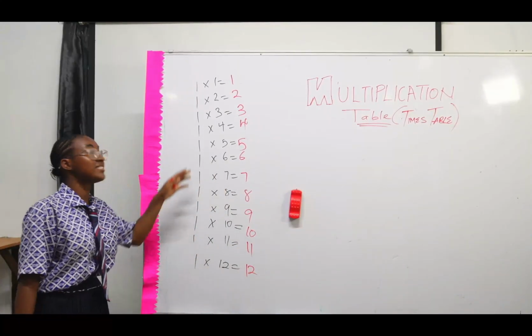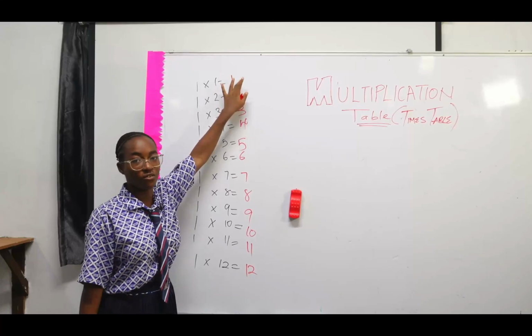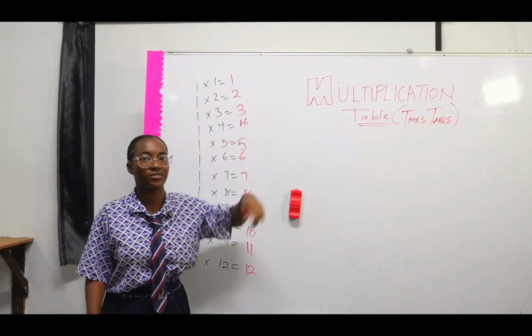And let's not forget, anything multiplied by one is itself. Any number multiplied by one is itself.